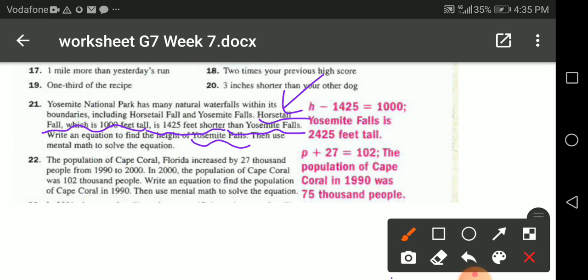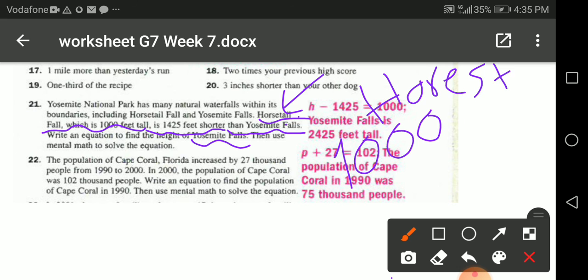So I know now that the height of Horsetail is 1,000. Let it be h. And he asks me to find the height of Yosemite.